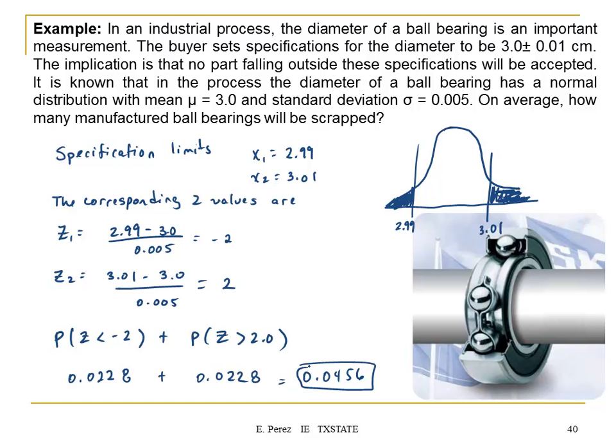So for these cases, this part here is 1 minus the probability of Z being less than 2.0. That's how you find the probability from the table for this part. And when you find this, you will see that it's equal to this, 0.0228, which is the same as this because it's symmetric.